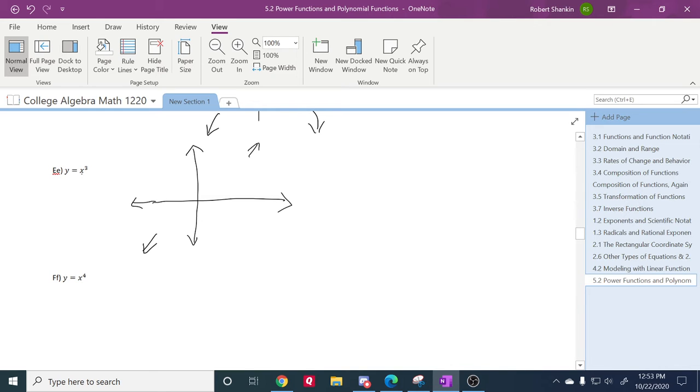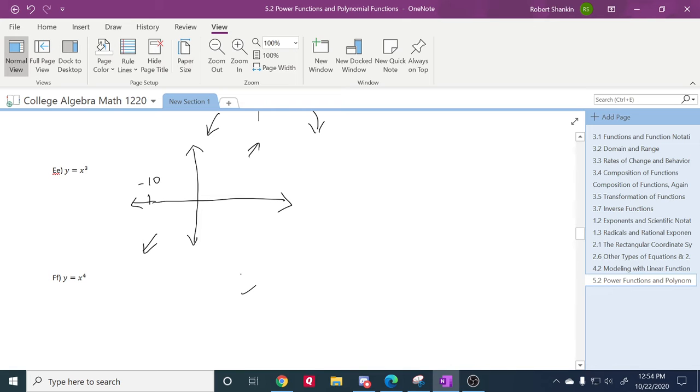But why is the left down? Well, the left would be down because if x, or the input, is negative and the exponent is odd, then the output is going to be negative as well. What's really important is that it's an odd power, so that if I had negative 10 to the third, it's negative 10 times negative 10 times negative 10, 3 negatives make a big negative number, so it's going down over here.